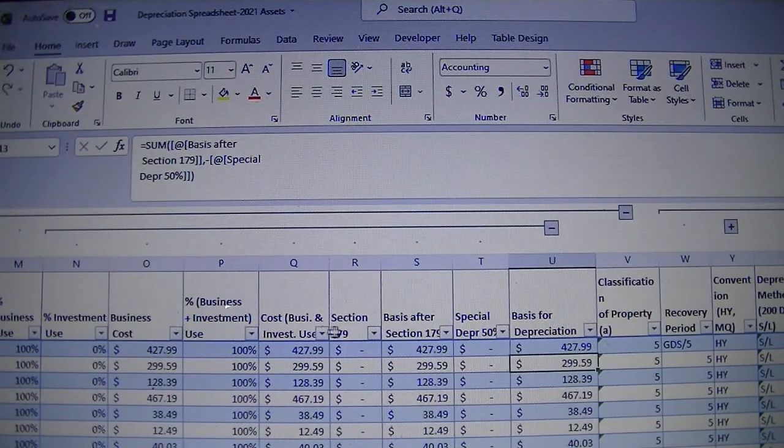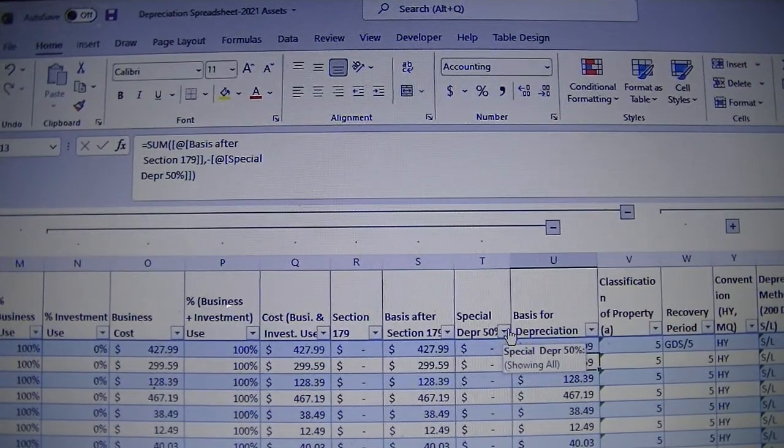So if the asset is an asset you use partially for personal use or for investment, there is a rule around that if you want to take section 179. I'm not going to get into that in this session.